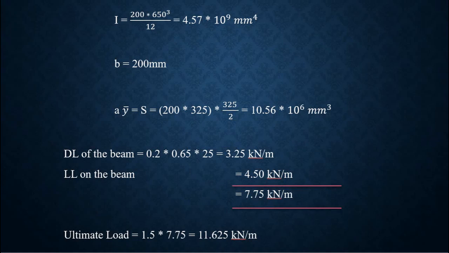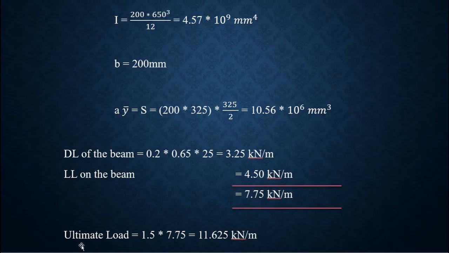So cross sectional area into density, you will get 3.25 kilonewton per meter, and the live load on the beam is 4.5, that is UDL, 4.5 kilonewton per meter. If we add these two loads, dead load as well as live load, we will get 7.75 kilonewton per meter.